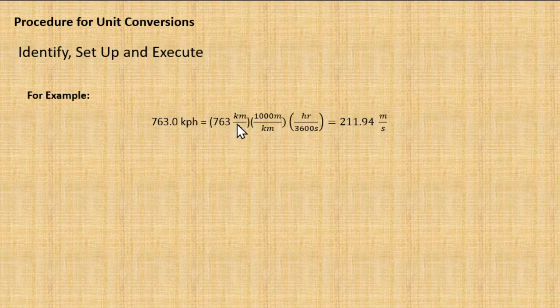We have the unit conversions: in 1 kilometer we have 1,000 meters, and in 1 hour we have 3,600 seconds. Now it is set up and we have identified the units, so we can execute. Kilometer cancels, hour cancels, and what remains is meters per second.